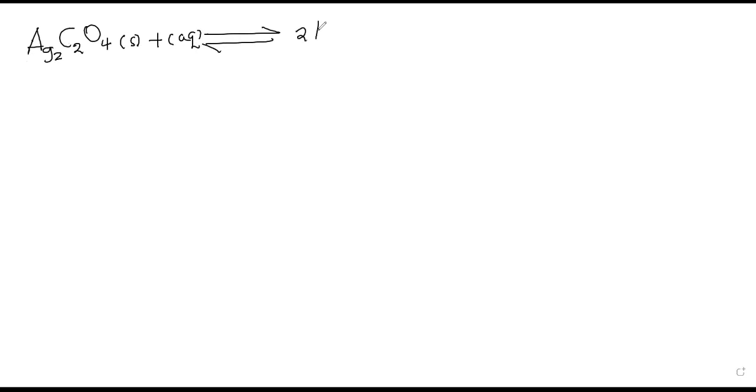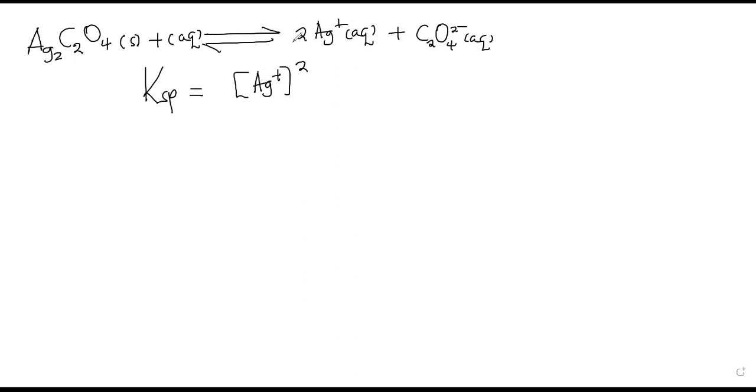So you shall have silver ion and the oxalate ion C2O4. When you're writing the expression of KSP, it is the concentration of silver ion raised to power 2, because of these 2, times the concentration of oxalate ion, so that your units still become moles cubed decimeter to the power -9.